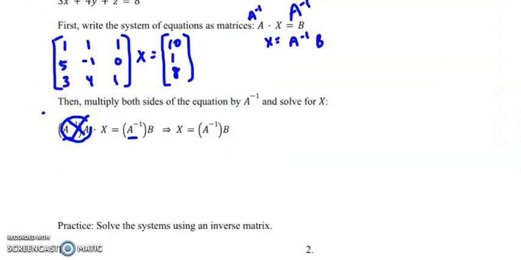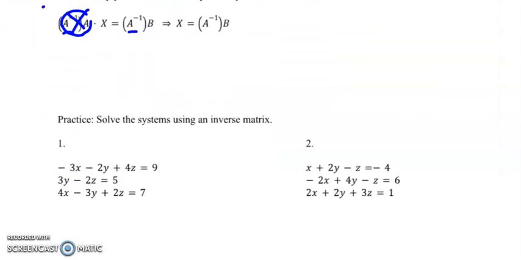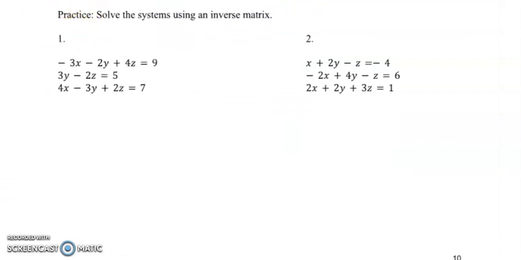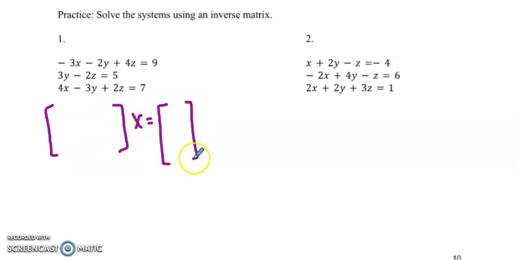So the next couple of questions on the lesson ask us to practice this. I'll go ahead and help you set up the matrices, and then I'll let you do the calculator work. I know these are both systems of 3 equations and 3 variables. So I'm taking the coefficients of -3, -2, and 4, then 0 for x, 3 for y, and -2 for z, and then 4, -3, 2.